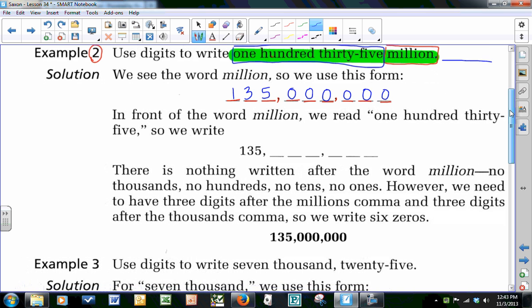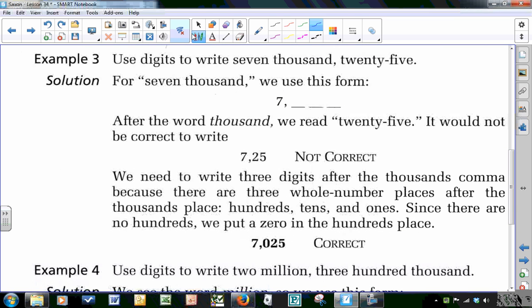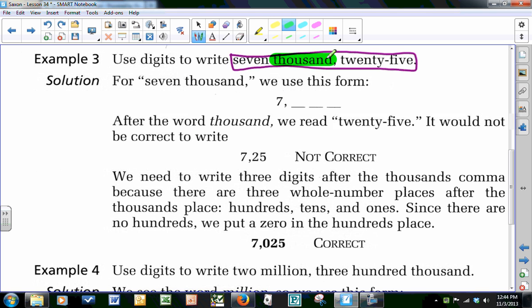Let's scroll down and look at example 3. Ooh, this is a good one. Example 3. Use digits to write. Okay, we know that part. 7,025. Here it is. 7,025. Now, what's my place value word? That's right. Right here. Let me highlight it. 1,000.